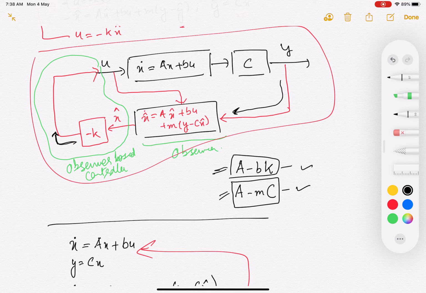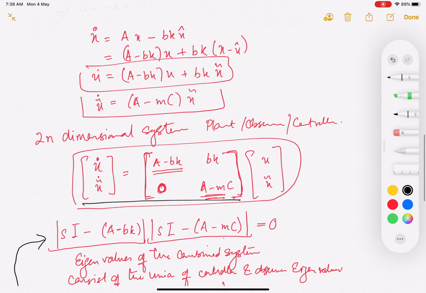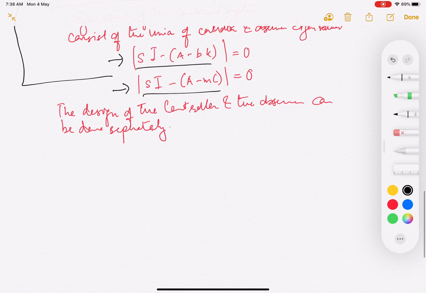The output is u, right? So if you write it like this, x hat dot is equal to A minus MC x hat plus Bu plus My.